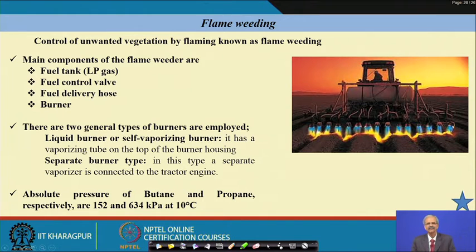Well, flame weeding is another method. We try to burn the weeds which are very close to the crop, and in order to burn, you will have to have a fuel tank, a delivery burner, etc. Some short burners, which the smithy people used for soldering, were sometimes used, but then it would require a complete system.